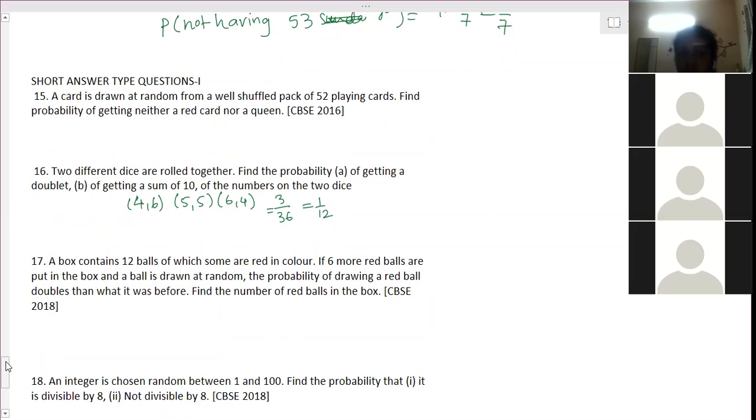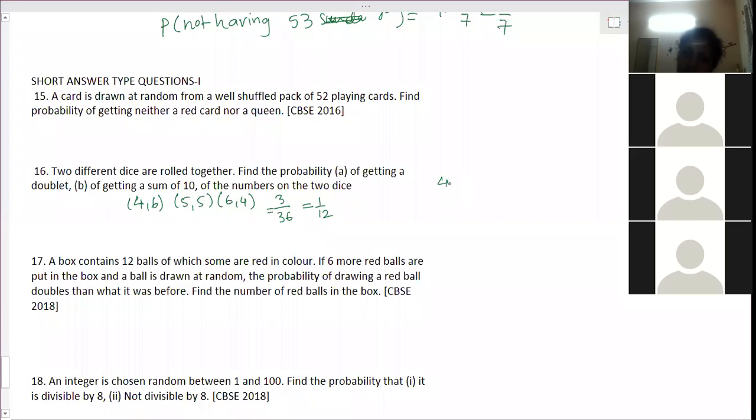The fourth question says A and B throw a pair of dice. If A throws 9, find B's chance of throwing a higher number. So that sum is not taken as, if the sum is 4 and 6, taken separately, not together as a sum. They have asked greater than 9, so the sum should be greater than 9.